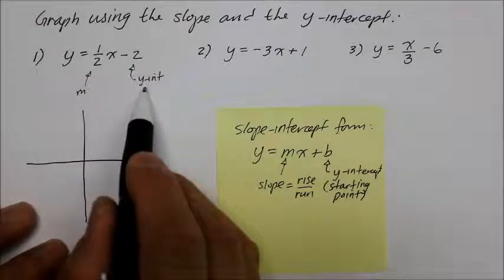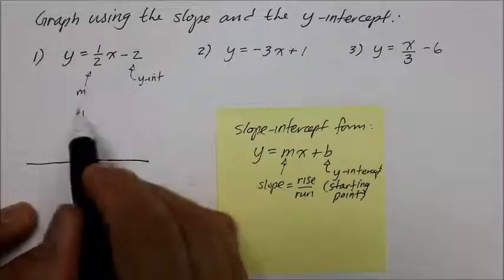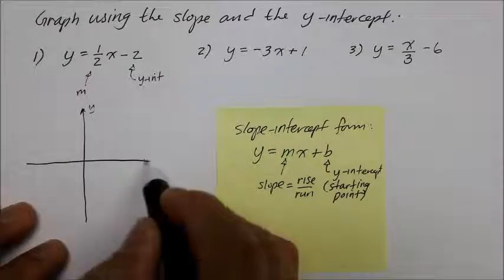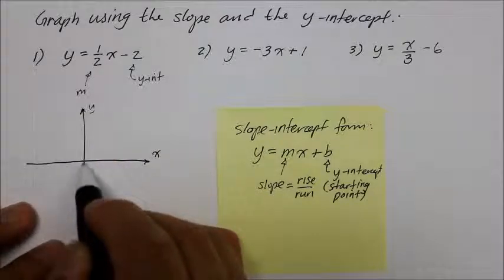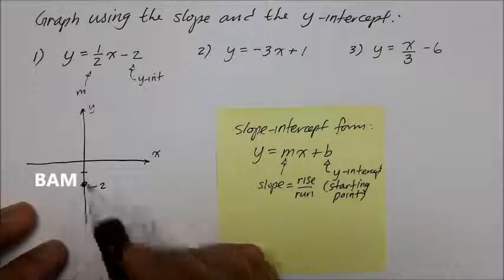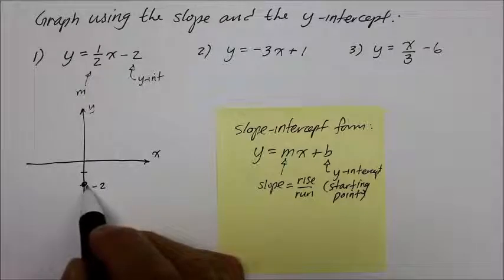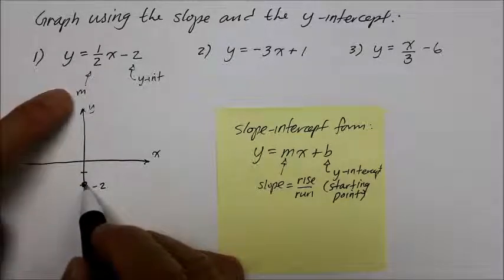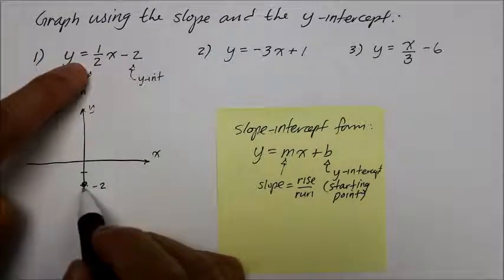This is called the y-intercept because a line will intercept on the y-axis at -2. So here's the y, here's the x. On the y, it's going to intercept at -2. From the origin, 1, 2. Bam! There it is. From that y-intercept of -2, the slope, the rise over run, is up 1 because it's positive, over to the right 2 because it's positive.